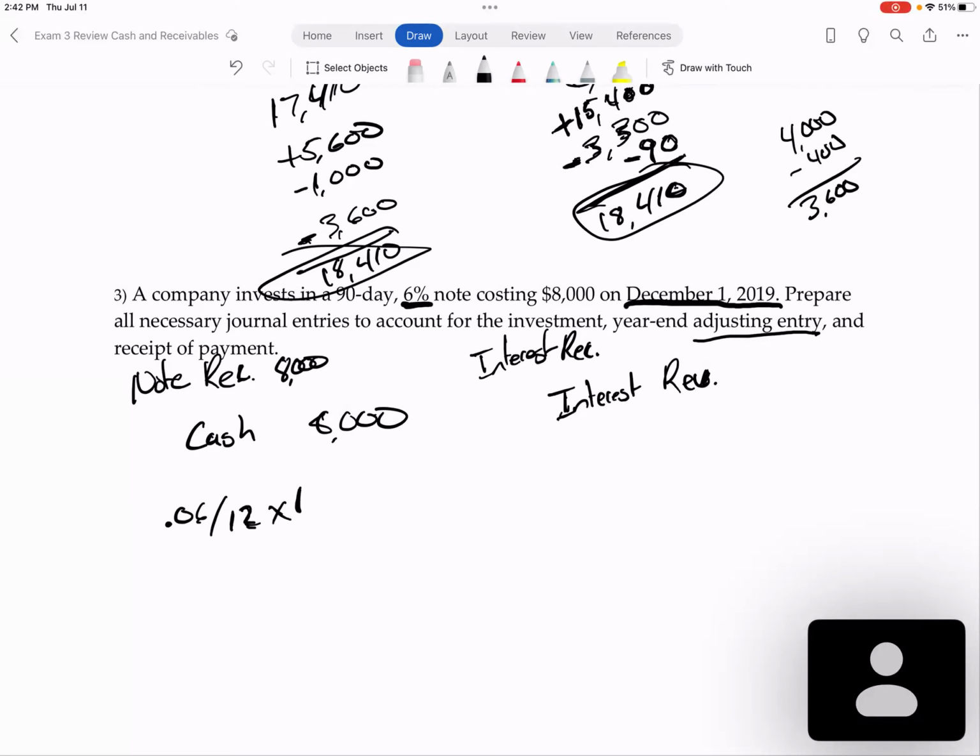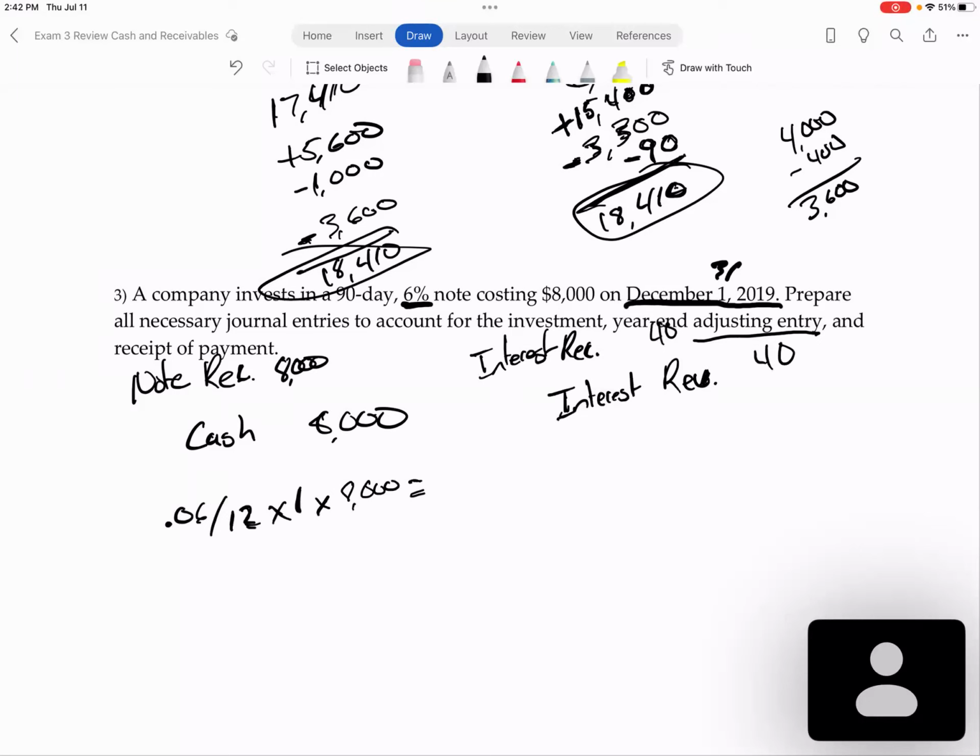We're just going to December 31st, right? 1 month. And then we multiply that by the principal, 8,000, and that'll give us how much interest we've earned in our first month. So divided by 12, times 1, which is just the same thing, times 8,000. Gives us $40. $40 in interest.